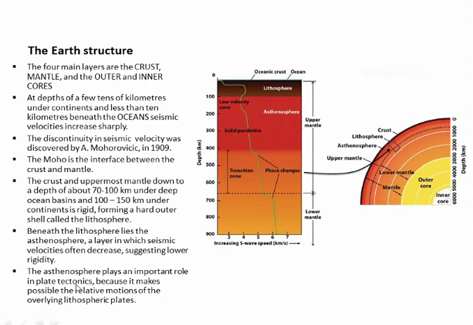You are also going to take that in some of your geology courses. It plays an important role because it makes possible the relative motion of the overlying lithospheric plates.